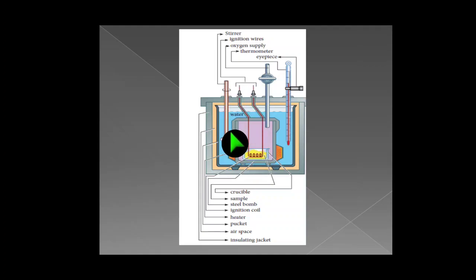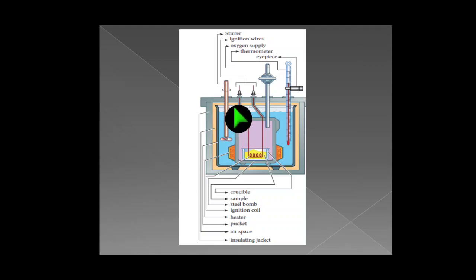Now at the top, the stirrer is between the bomb and the bucket. It is immersed in the water. After the bomb burst, the heat is evolved, so we can stir the water.